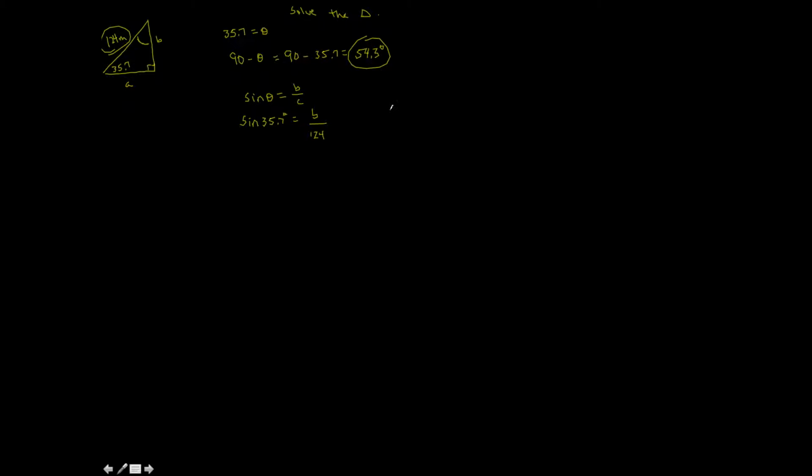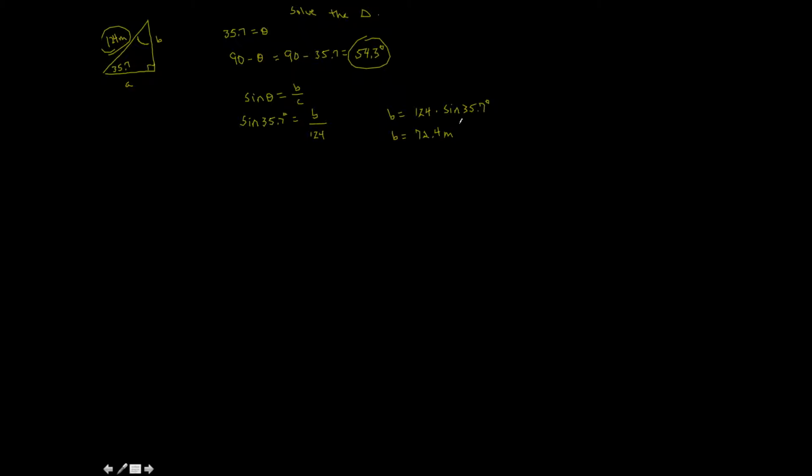So essentially what we have here is B equals 124 times the sine of 35.7 degrees. So when you multiply that out, you should get 72.4 meters. So that's side B.